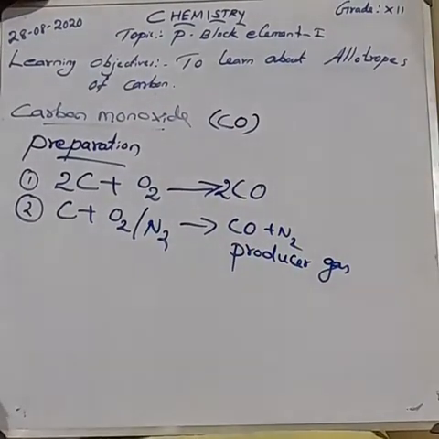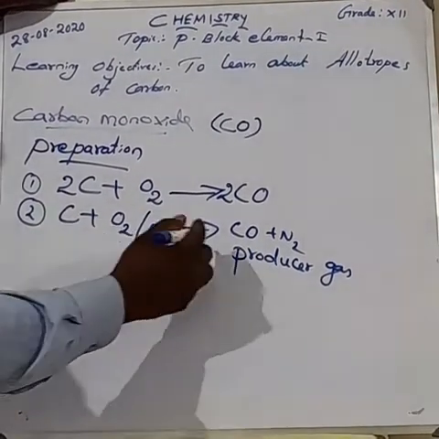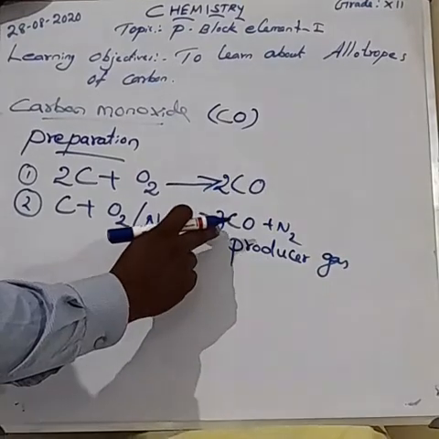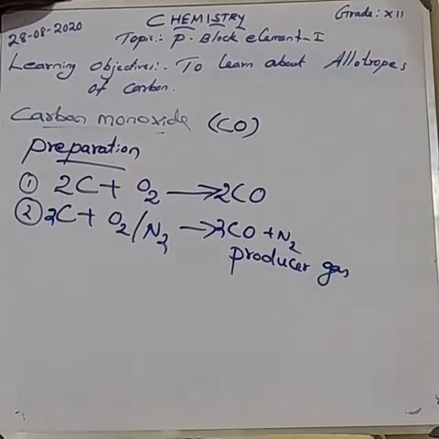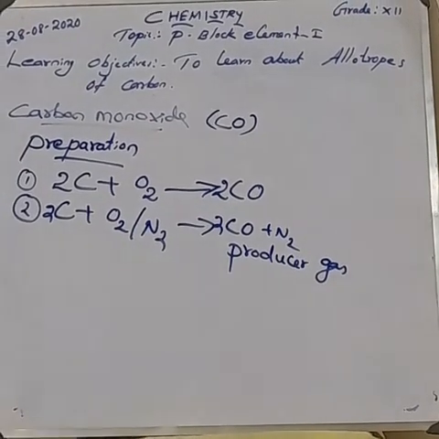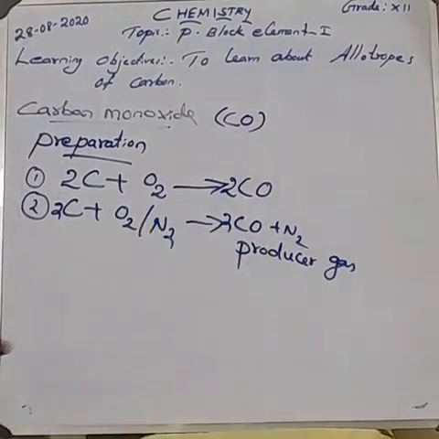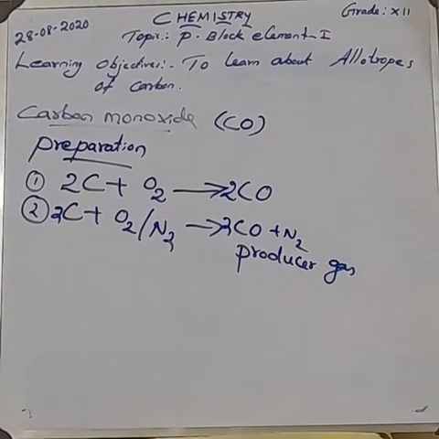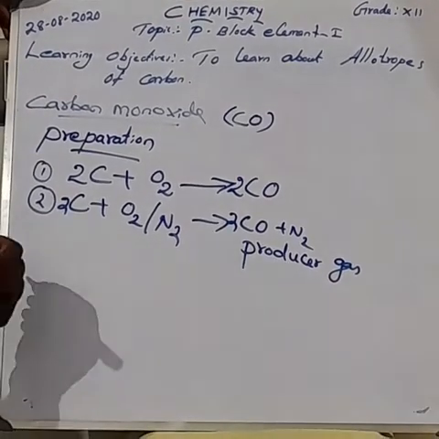How can you balance the equation? 2 oxygen is there, so make it 2 here. 2 carbon. So the equation is balanced. What is producer gas? A question may be asked like that. The mixture of carbon monoxide and nitrogen is called producer gas.